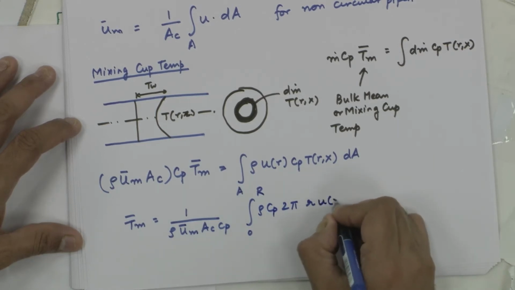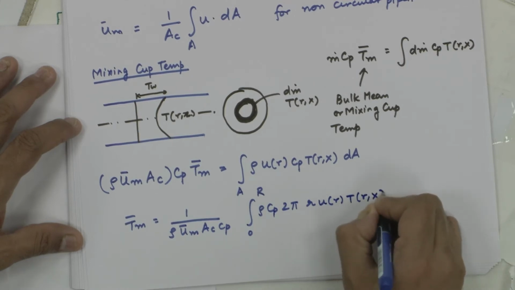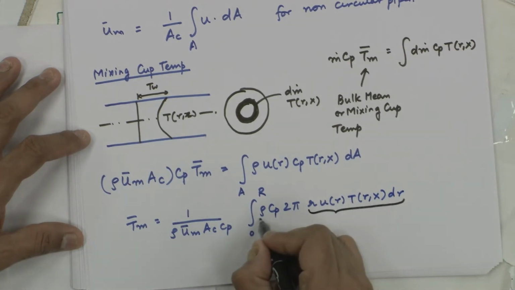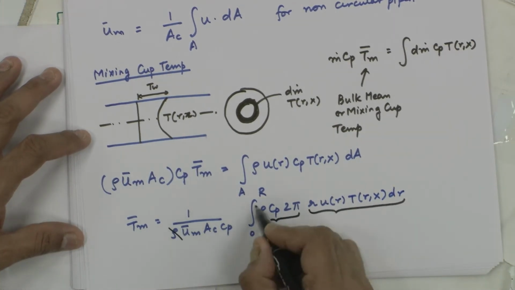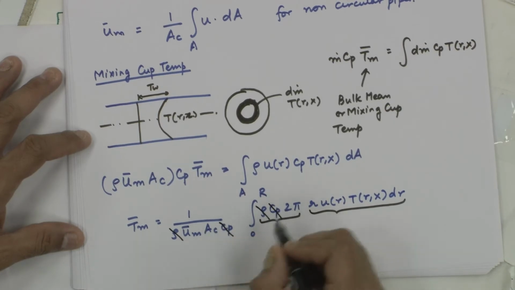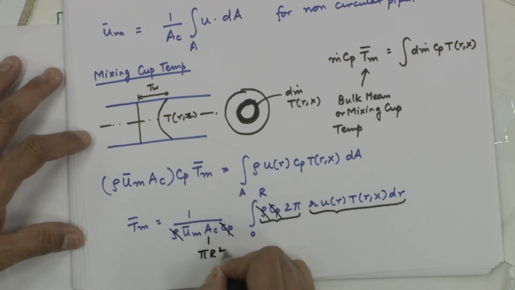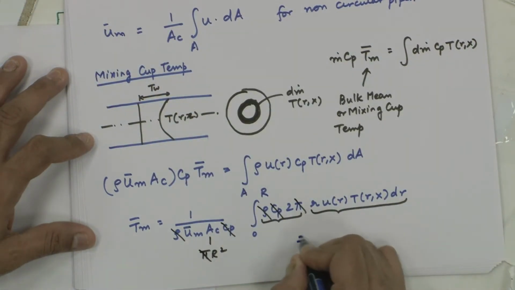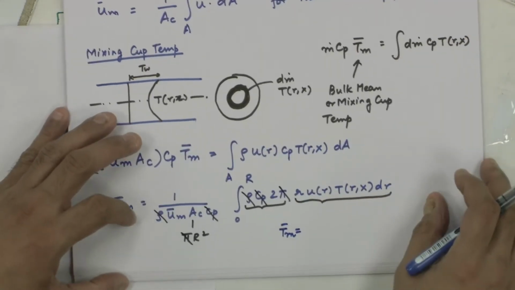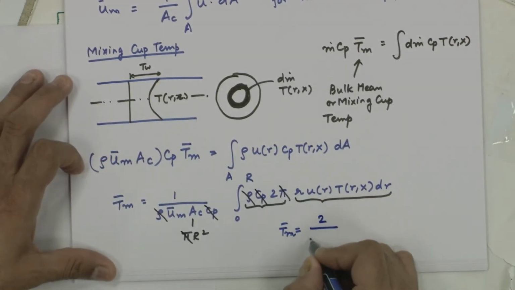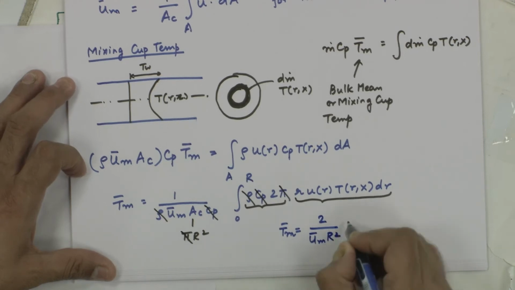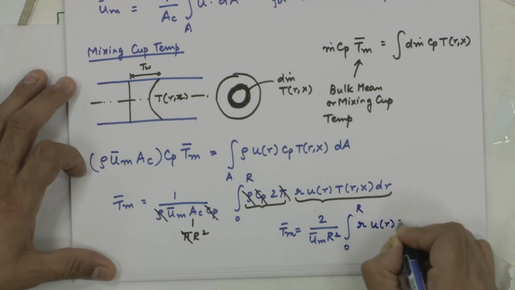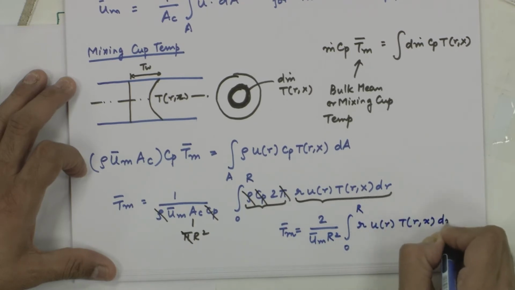I am keeping these things together because these are variables and these are constants. So, rho cancels, Cp cancels, A is pi r squared, so pi cancels. I am left with T bulk mean equal to 2 over u m bar R squared, integral 0 to capital R of r u of r T of r comma x dr.